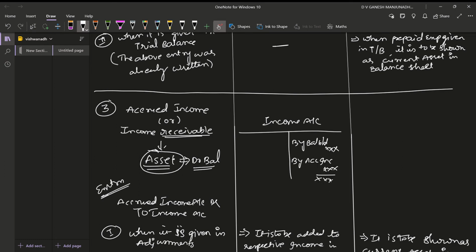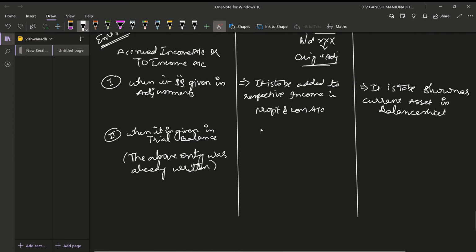That would be the total, and this would be carried on here, and here brought down with the total balance. That means this balance includes the original plus the adjusted balance. That means the income account has already been adjusted, so there will be no changes in the income account.